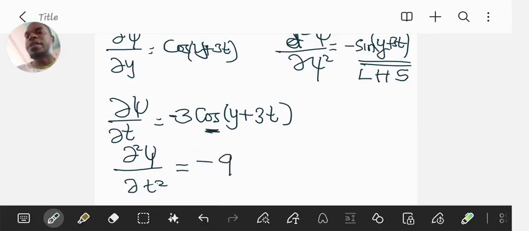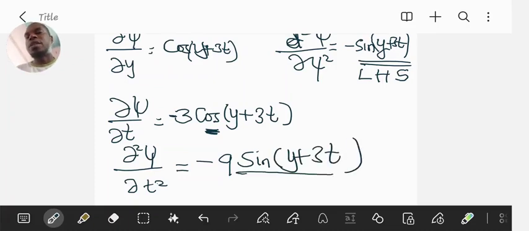If you differentiate a sine, you'll get a cos, but if you differentiate a cos, you get a negative sine. That is the difference now. So here we have negative 9 sin(y + 3t). This now will be on our right hand side.